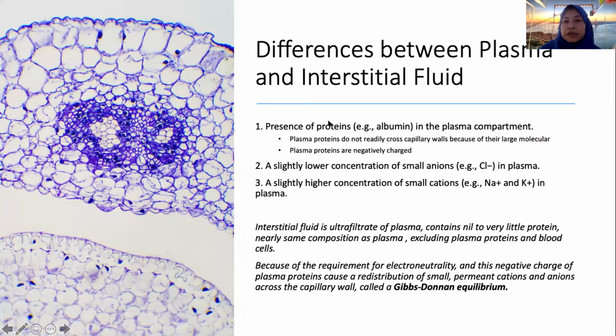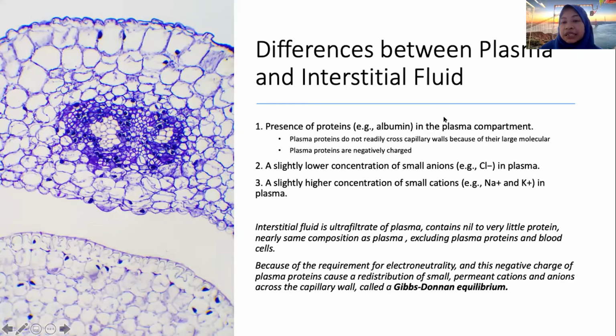So what are the differences between the plasma and the interstitial fluid? The first one is that you have the proteins in the plasma compartment. You have all these plasma proteins found in the blood vessel, but in physiological circumstances, you should not be able to find any of this protein in the interstitial fluid.